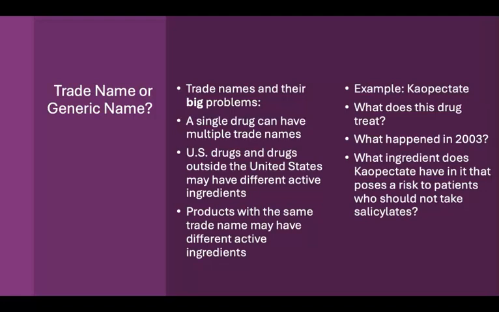Think about the example of Kaopectate. Something happened in the manufacturing of Kaopectate in 2003. First, you have to think about what Kaopectate is really used for, what its indication is. Then look at what happened in 2003 in your textbook, and think about what ingredient Kaopectate has in it that would pose a significant risk for patients who should not take salicylates.